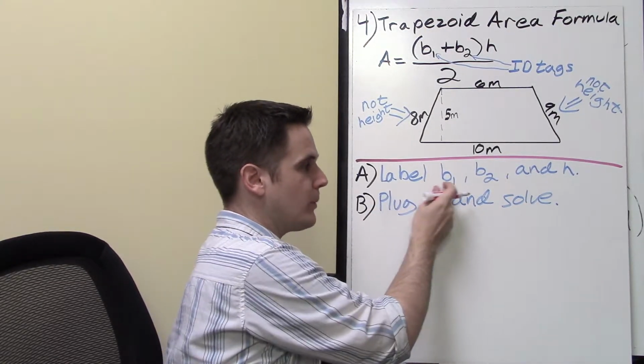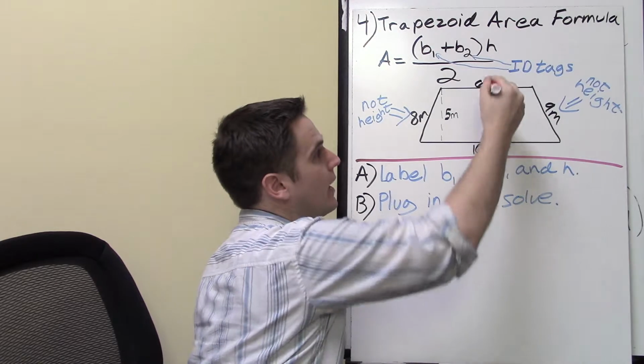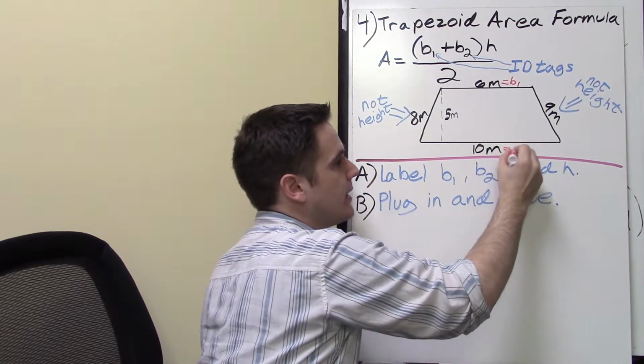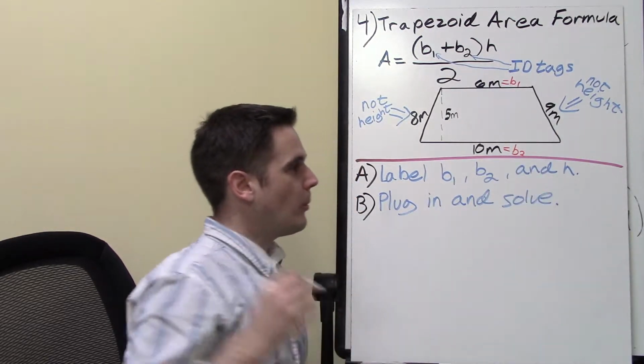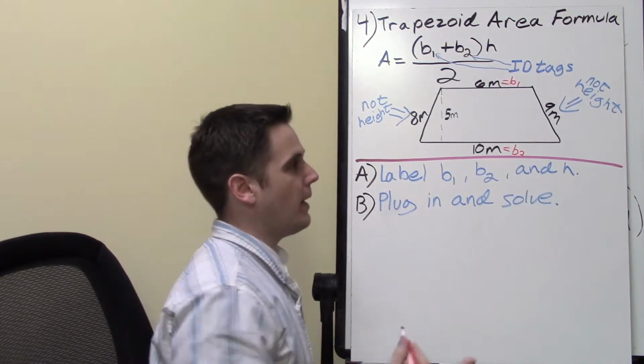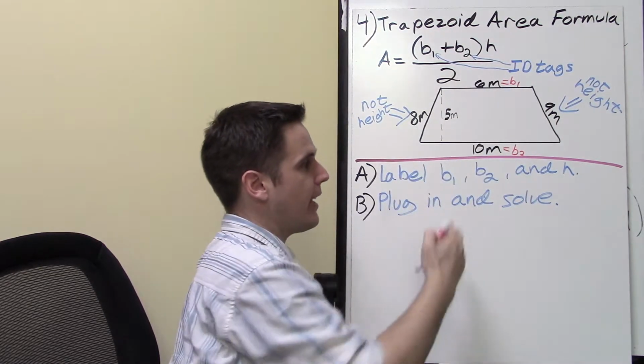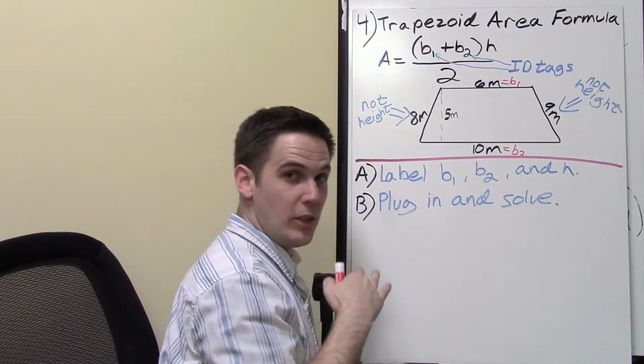So we're going to label base 1, base 2, and the height. So let's go ahead and make this base 1 and make this base 2. If you've only got one base, or base 1 and base 2 are the same, you usually go with the bottom, like we've done so far.